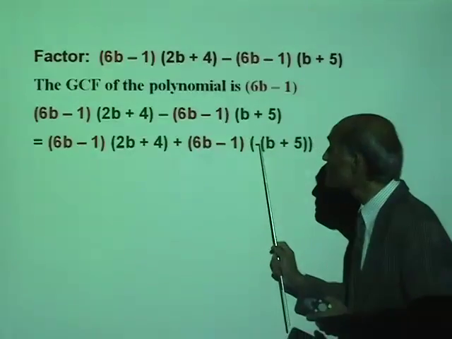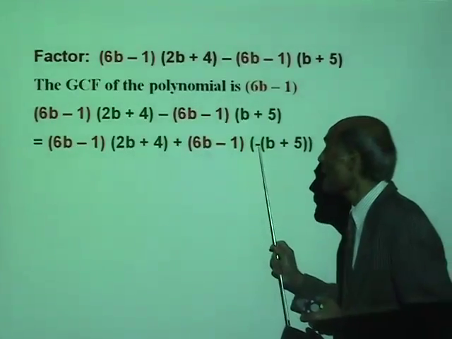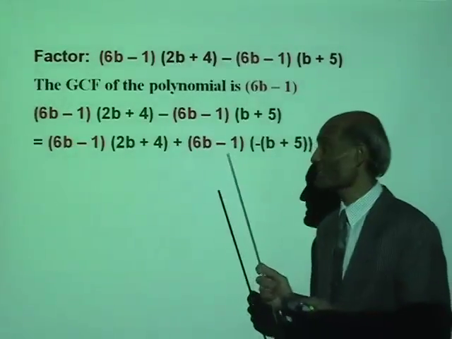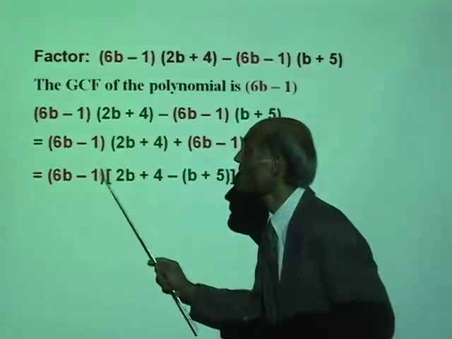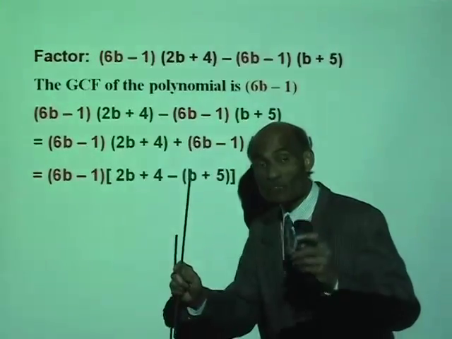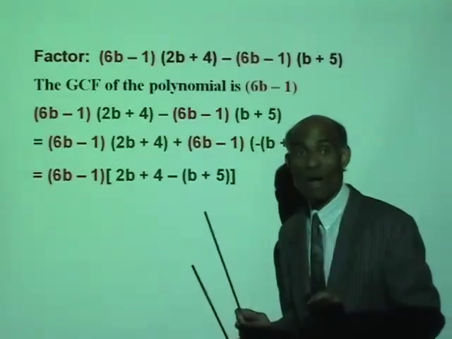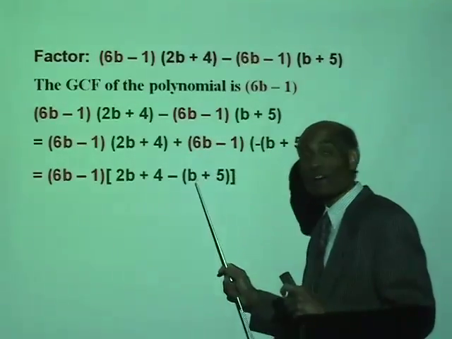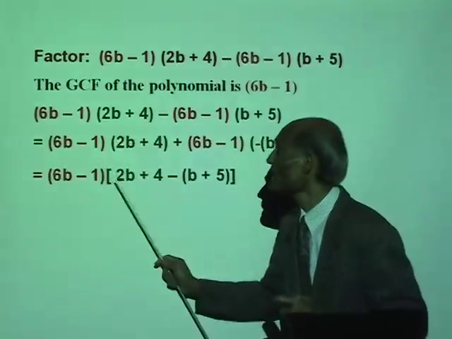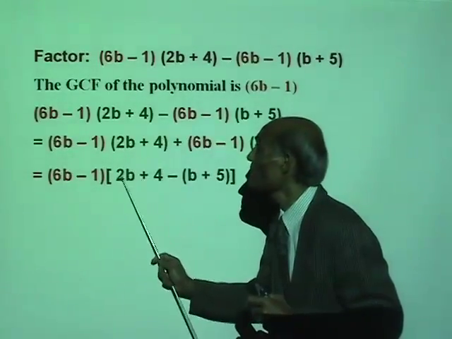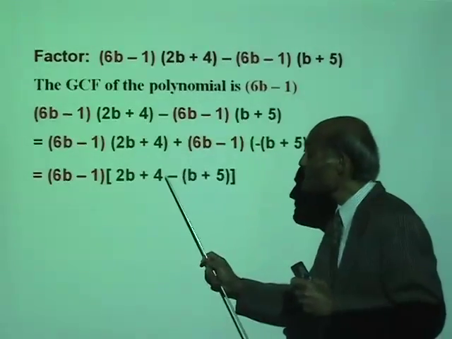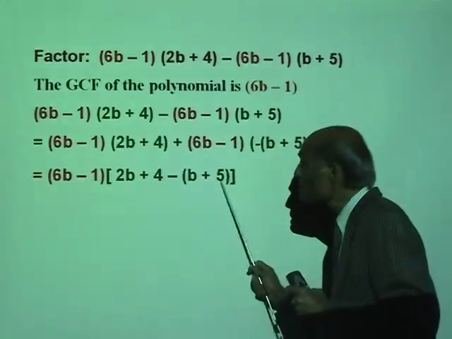And what is left in the second is minus the quantity b plus 5. You must recognize that. So pull out the common factor 6b minus 1. And now write the other terms in a bracket. Why a bracket? Because we have a quantity that needs to be put in a parenthesis. So bracket, what is left in the first term is 2b plus 4. What is left in the second term is minus the quantity b plus 5.